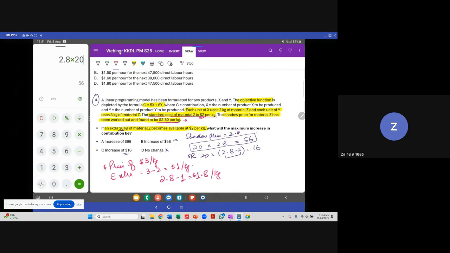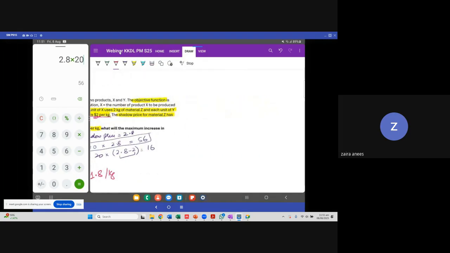Right? Or let me tell you this in another way. Let's suppose that we have calculated the shadow price. Let's forget about this question. The shadow price is around $5 per kilogram, and the normal price of the raw material is $20 per kilogram.